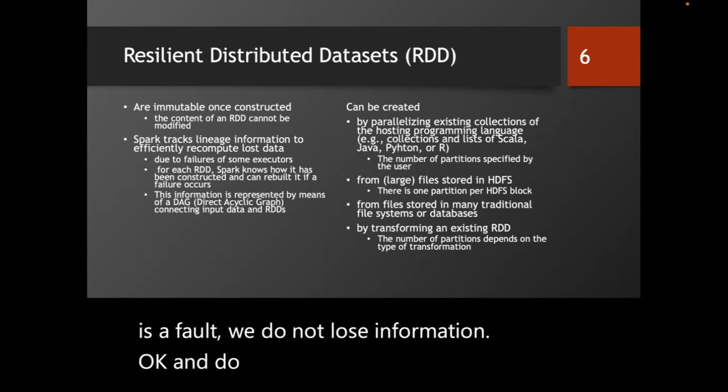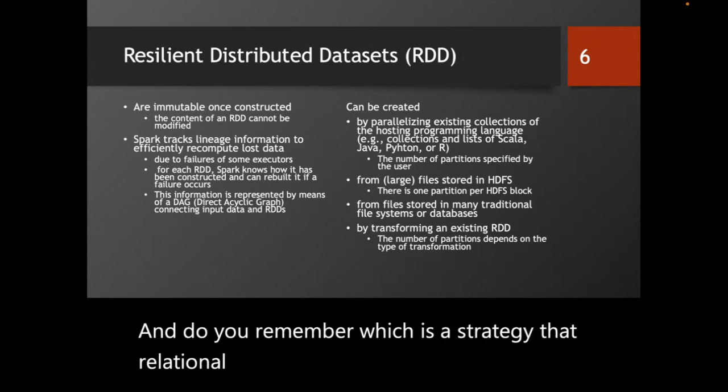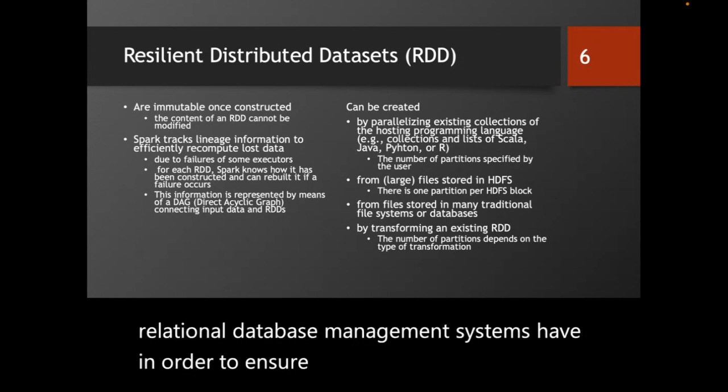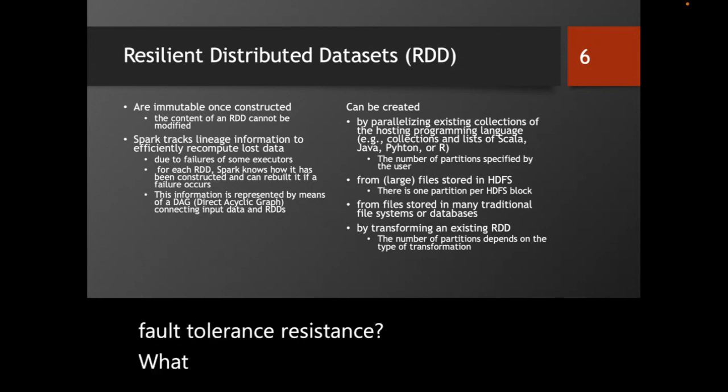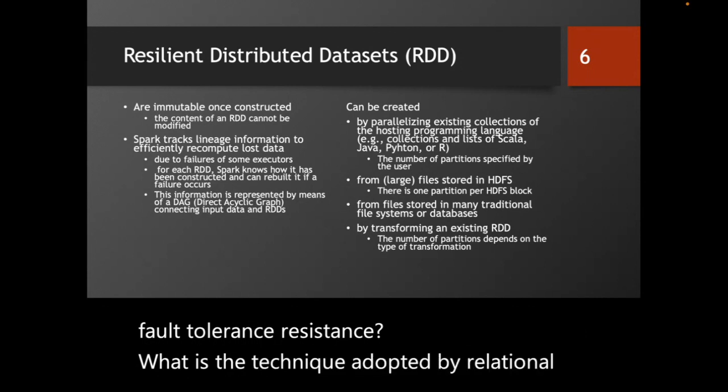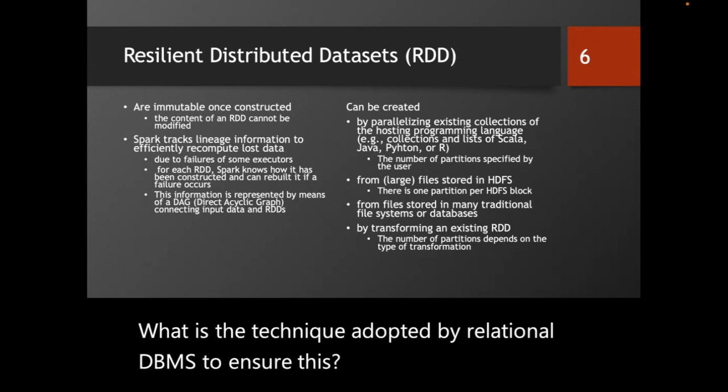Do you remember which strategy relational database management systems have in order to ensure durability, which is fault tolerance resistance? What is the technique adopted by relational DBMS to ensure this?